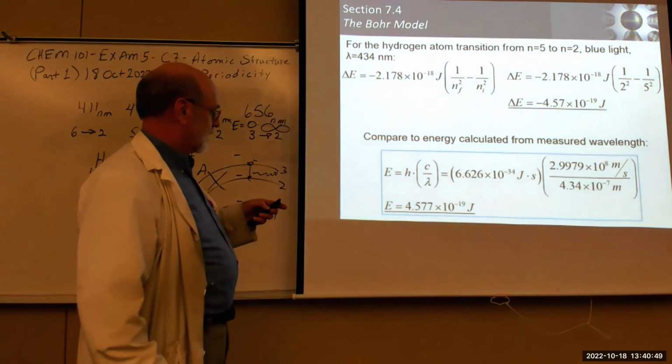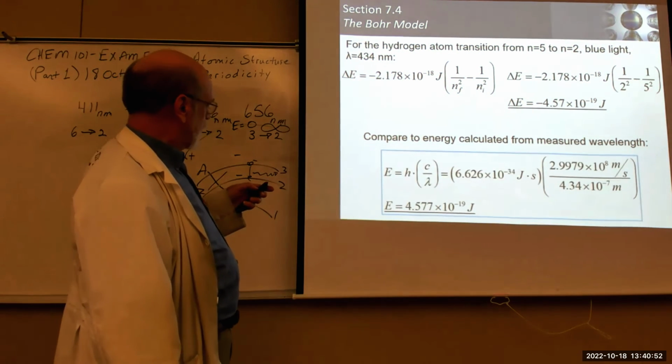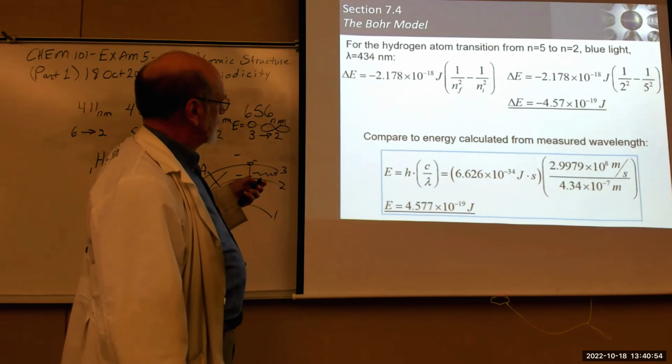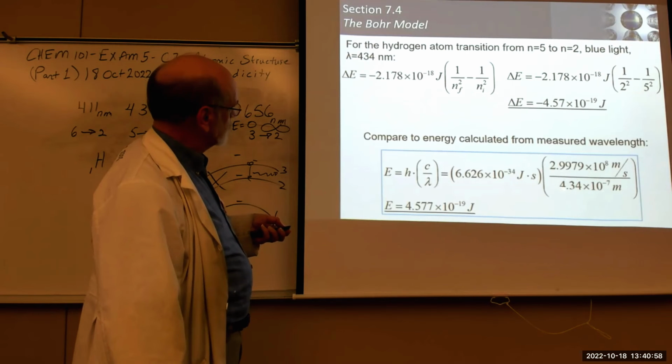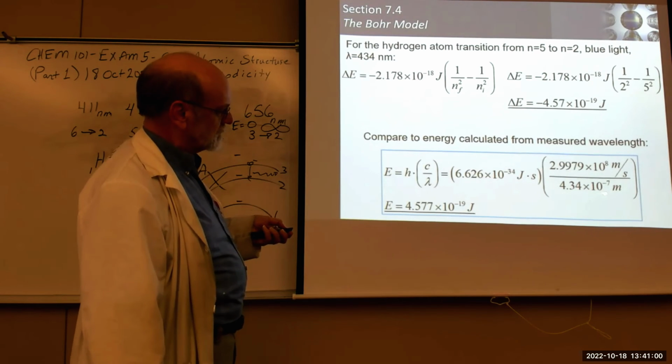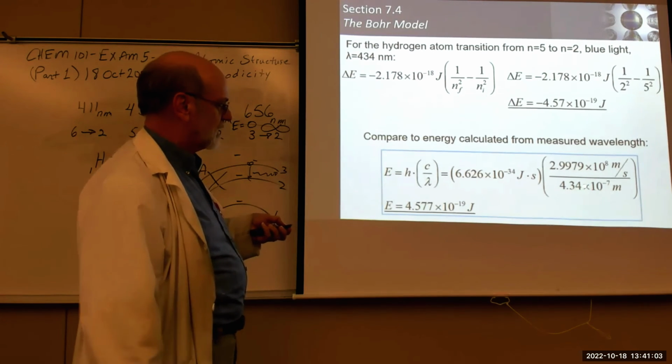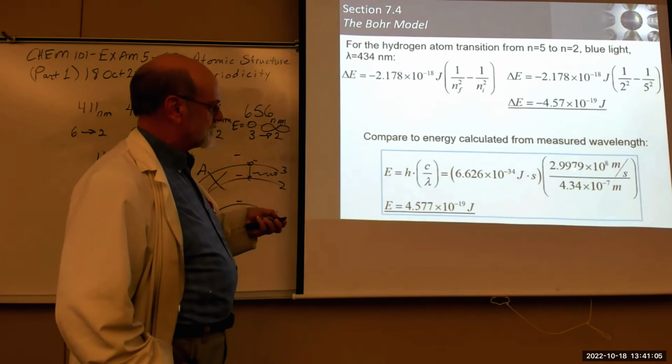Now, if we know the wavelength here, and we convert the wavelength to meters, right? So nanometers would be 10 to the minus 7 meters here. Wavelength, and we have c here.